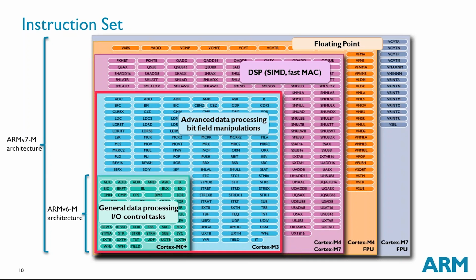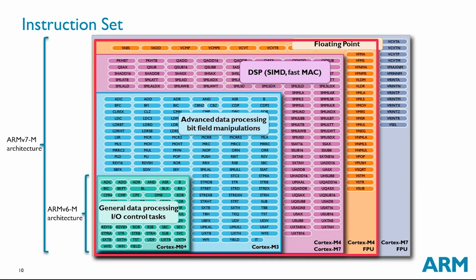The Cortex-M3 adds data processing and bit field manipulation instructions as defined in the ARMv7-M architecture. The Cortex-M4 and M7 add instructions for digital signal processing and for single instruction multiple data access.